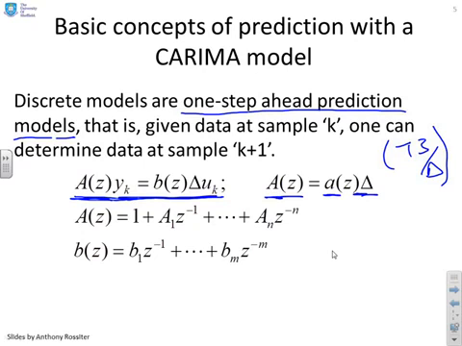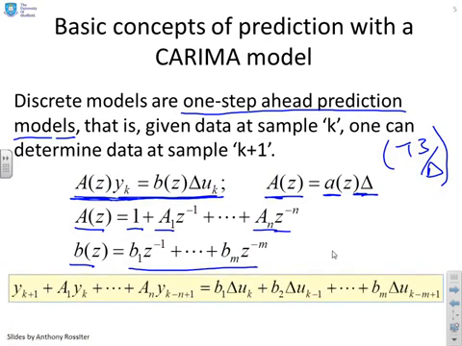Now you'll notice this was covered in detail in one of the earlier videos in this series, so please go and look at that if you really need to. Now, capital A(z) can be written as 1 plus a1 z^-1 all the way down to an z^-n, and B has a similar form. If I write the difference equation form, this is what I get: y(k+1) plus A1 y(k) and so on down to an y(k-n+1) equals b1 delta u(k) plus b2 delta u(k-1) and so on.